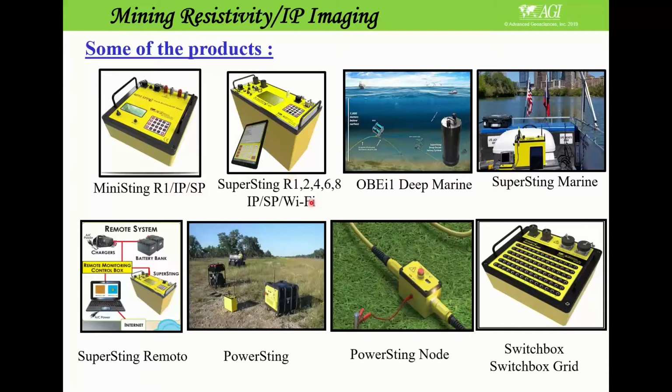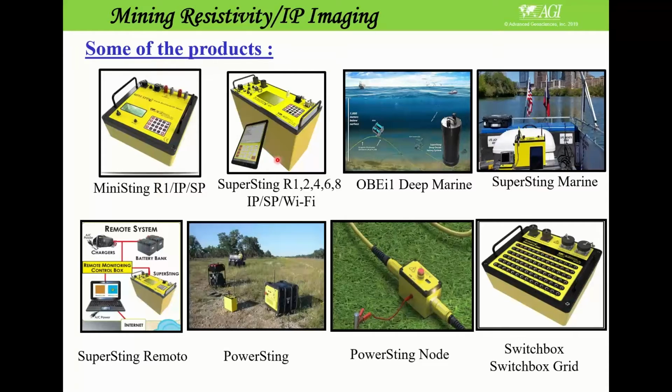We have different versions: 1, 2, 4, 6, and 8 channel. Typically the 8 channel version, the SuperSting R8, is mostly used for multi-electrode multi-channel measurement. It has about 200 watt power output, which is sufficient for most metallic mining investigations. I'll demonstrate that later on.